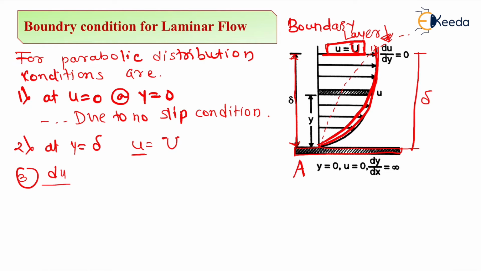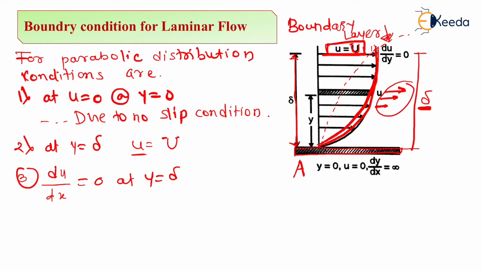And the third condition is du upon dy equal to 0 at y equal to delta. We know that a velocity gradient exists in the boundary layer due to viscosity, due to internal friction.